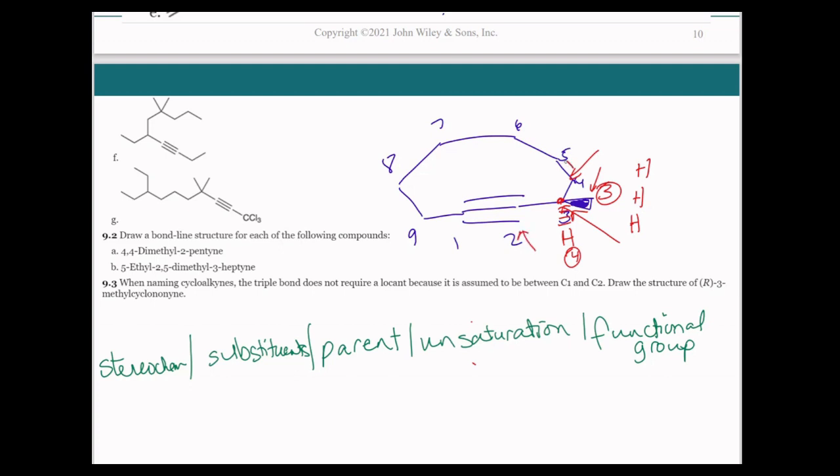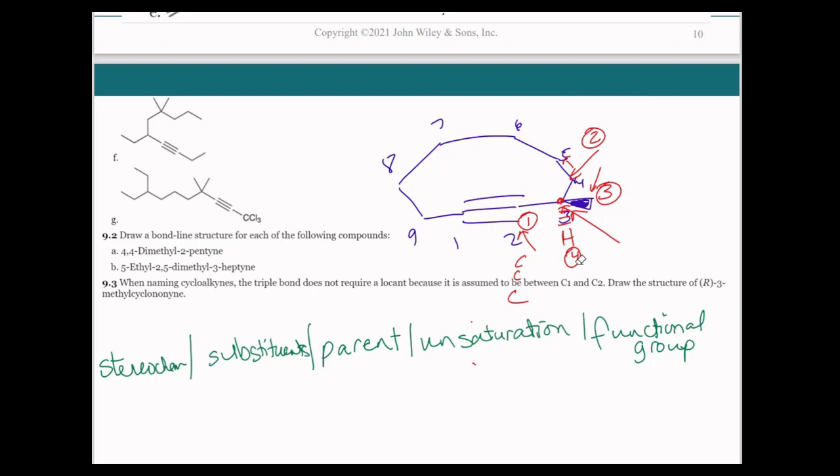Carbon 4 has a carbon going this way, so we're moving away until we find the first point of difference. So it has a carbon, which is carbon number 5, so carbon, and then it also has 2 hydrogens. So carbon, hydrogen, hydrogen, and carbon 2 has carbon, carbon, carbon. So carbon 2 is going to be priority number 1. Carbon 4 is going to be priority number 2, and then we've prioritized the other 2 substituents already.